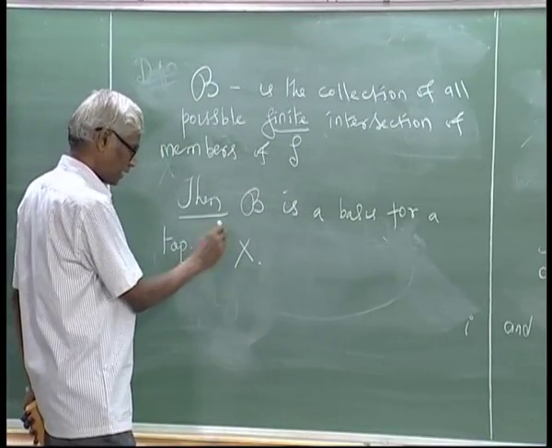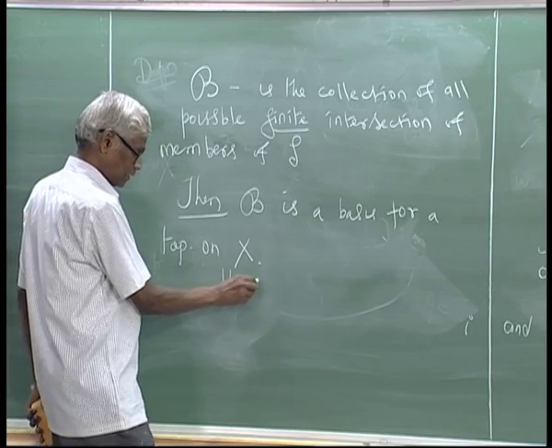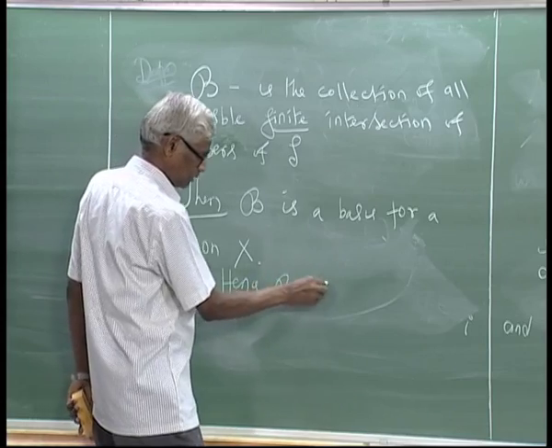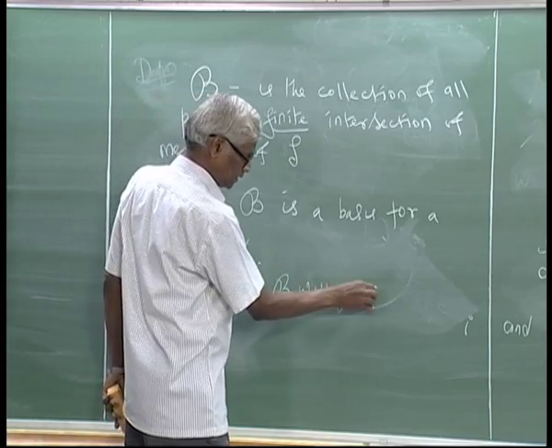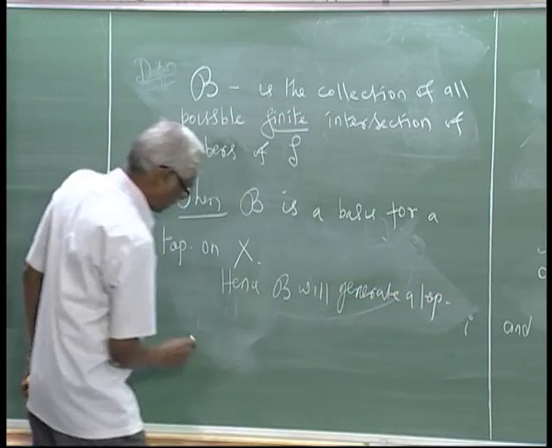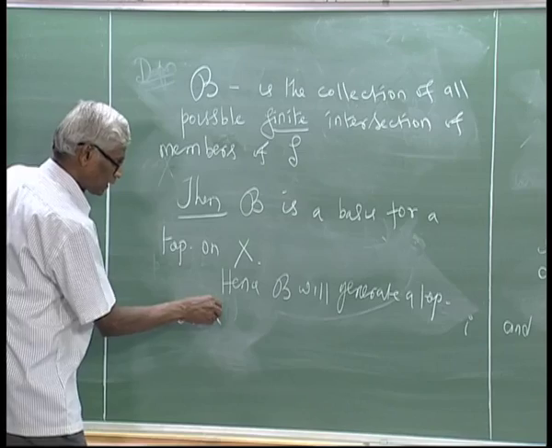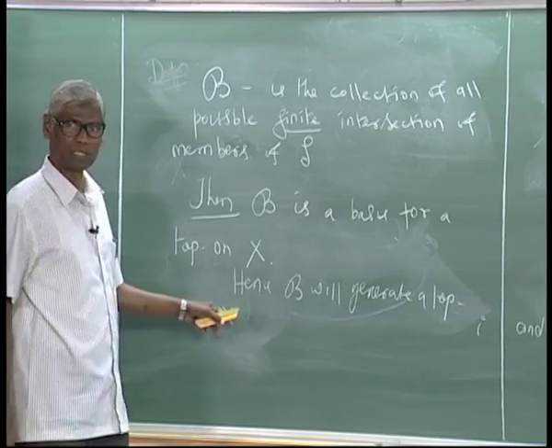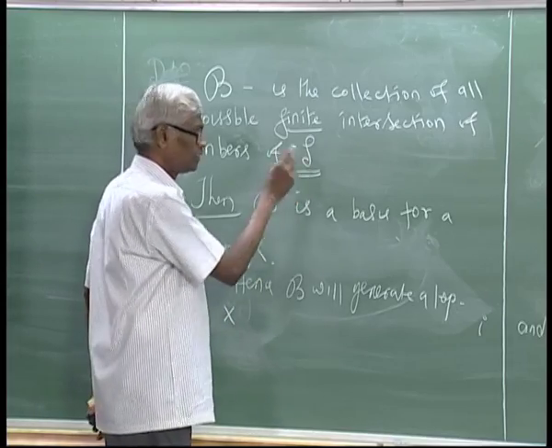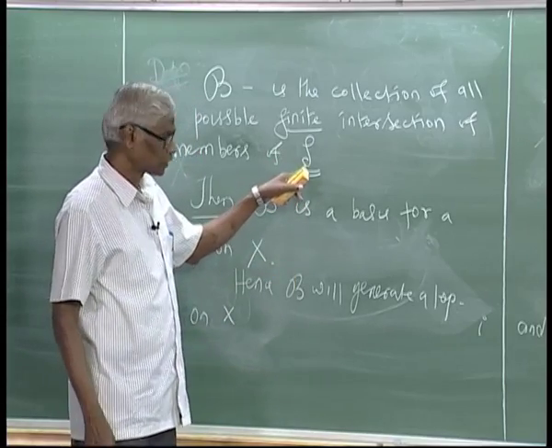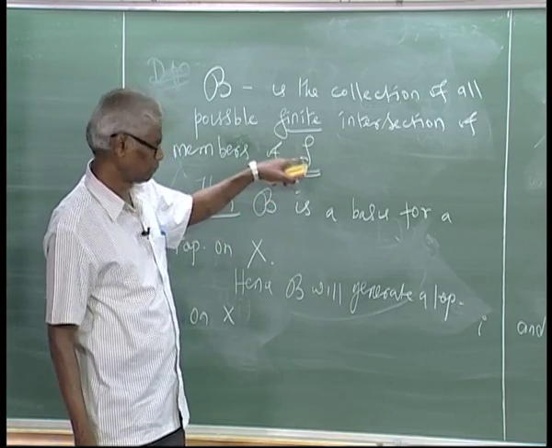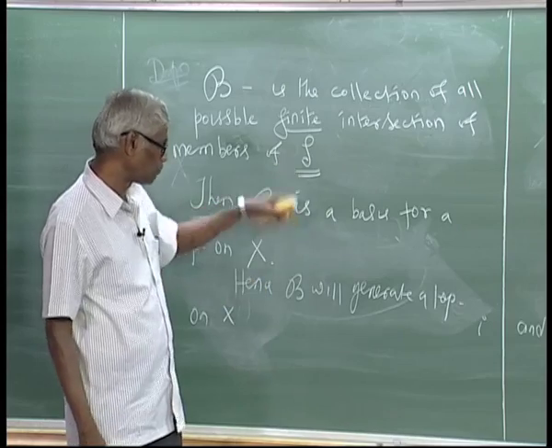So hence script beta will generate a topology on capital X, and this topology is called the topology generated by script S, and that script S is called a subbasis.